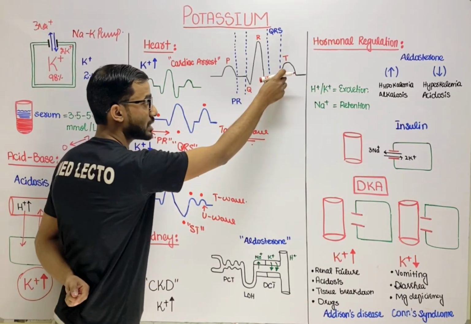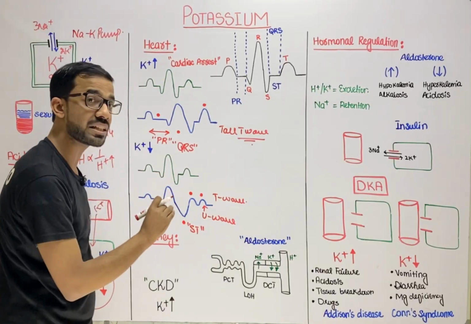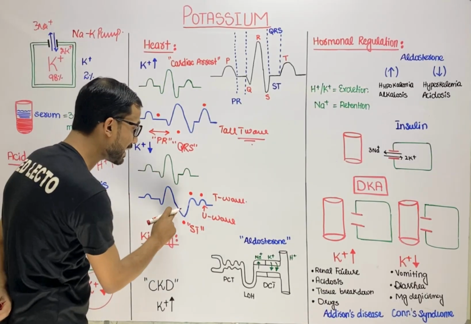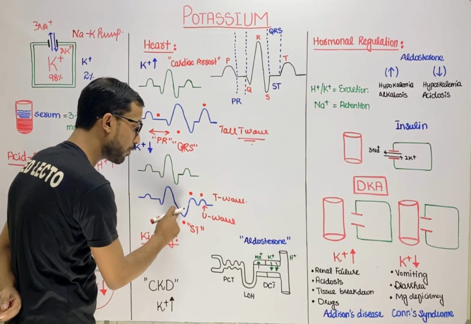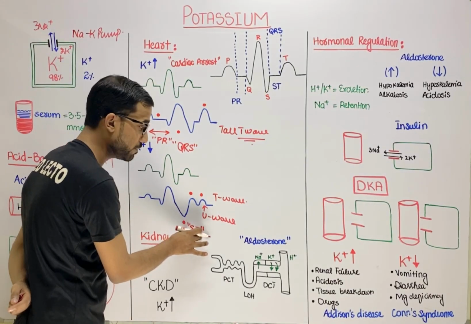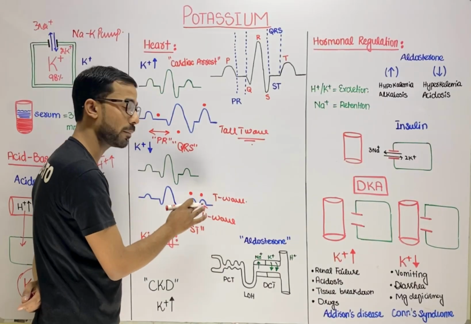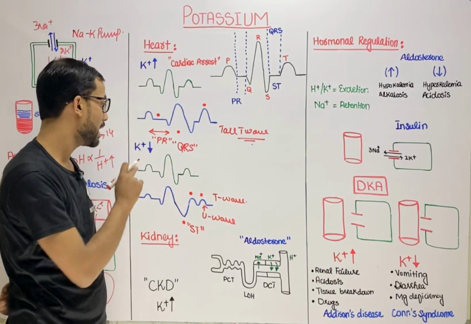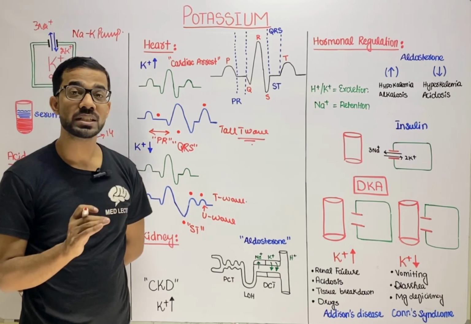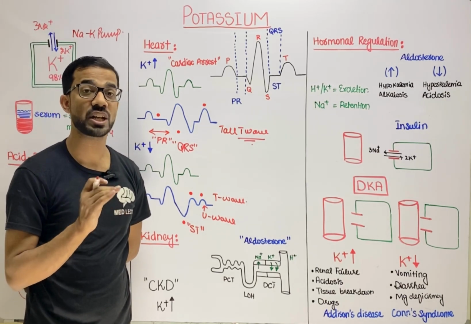Here is the ST segment that is straight on the normal ECG, but when you see the depressed ST, in that case it will merge and form a single depression. So that is the ST depression, reduced size of the T wave and formation of the U wave in hypokalemia.